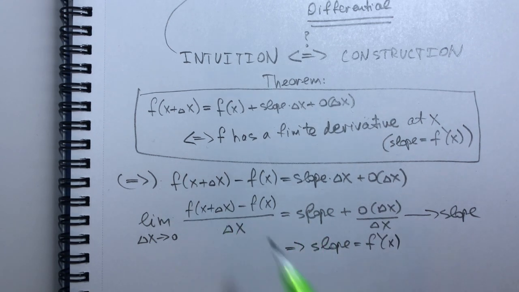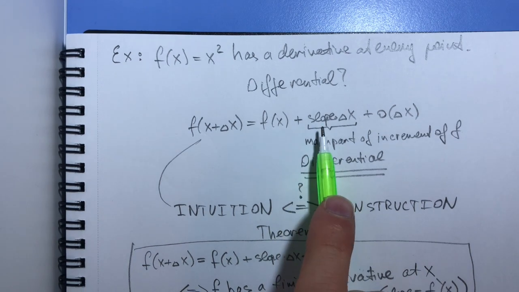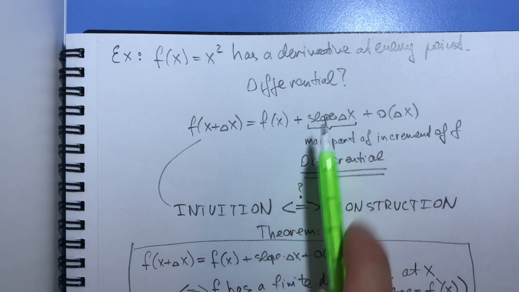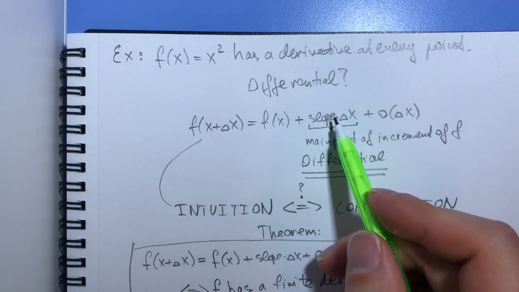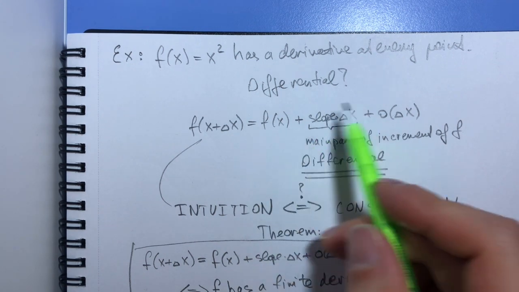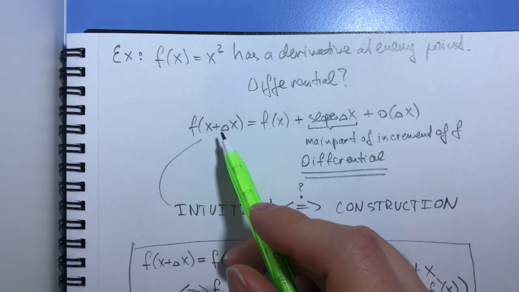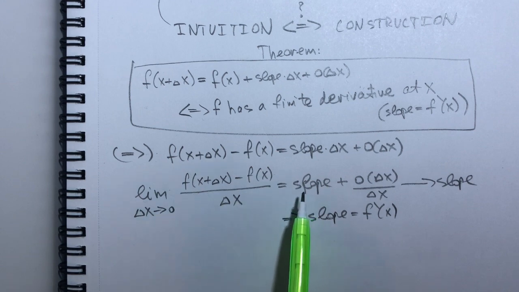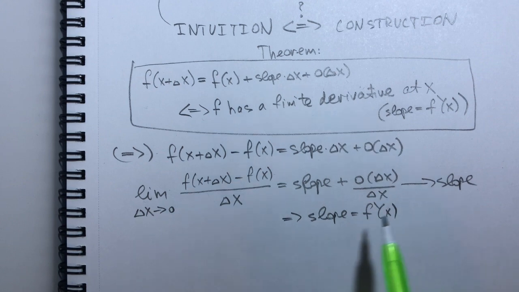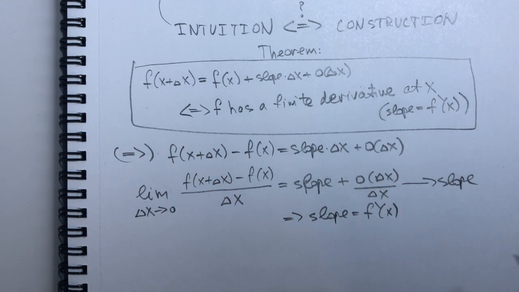And this limit exists and is finite, right? It's important to realize that in this definition, I do not allow my slope to be infinite, because then I cannot guarantee that this term tends to zero, i.e. I cannot guarantee that this right-hand side converges to my value. So once again, I have shown that this limit is finite, but I know that if it exists, then it equals exactly f prime of x. So this direction is done.